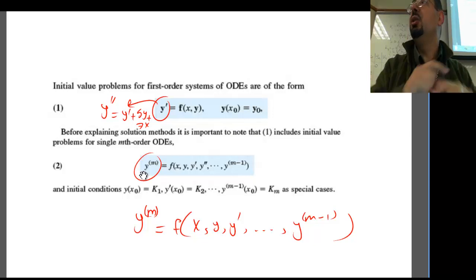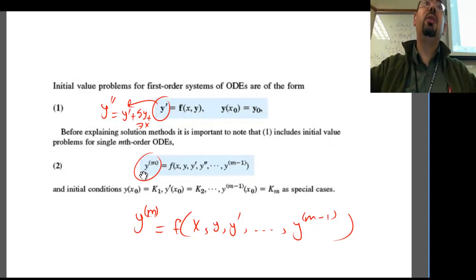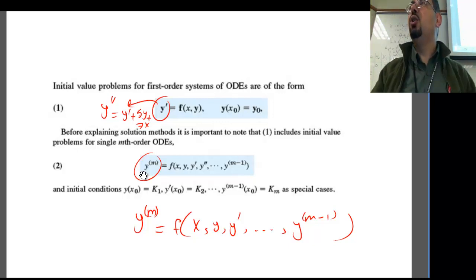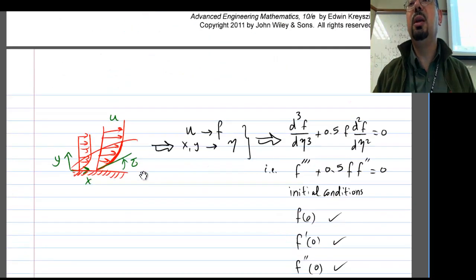If you have a second order ODE, you can turn it into two first order equations. If you have a third order, you can turn it into three. All of them are first order. If you have seventh order, you turn them into 7. Every one of them is first order. We'll see how this is done.